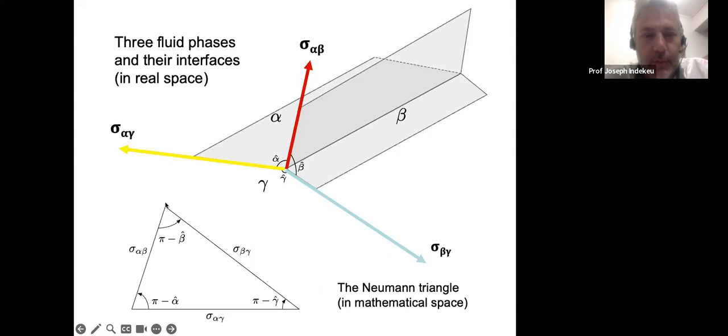The sides of the triangle are proportional to the interfacial tensions, so in fact proportional to the forces here per unit length acting on the contact line. And the angles, interestingly, are not the dihedral angles alpha hat, beta hat, gamma hat, but are actually their supplements. Now, this was a homework exercise, and we're now going to look at the solution.